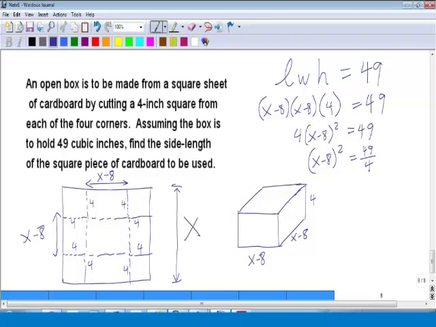What do we do next? Square root property. X minus 8 equals plus or minus the square root of 49/4. X minus 8 equals plus or minus 7/2. X equals 8 plus or minus 3.5 if we add 8 to both sides.